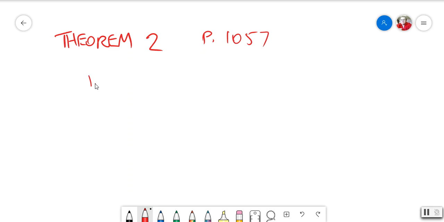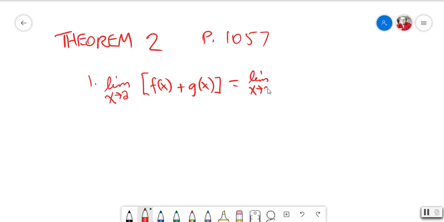It starts off, it says the limit as x goes to a of f(x) plus g(x) equals the limit as x goes to a of f(x) plus the limit as x goes to a of g(x).